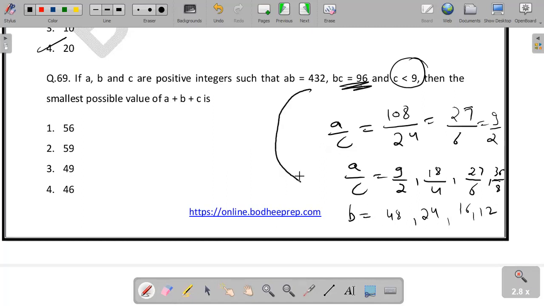Now let's see if this equation satisfies. Okay, this is satisfying, then this is satisfying. For all the equations to satisfy, we have to just find the smallest value. So smallest value here I'm getting 59. Here I'm getting 46. So 46 would be my answer.